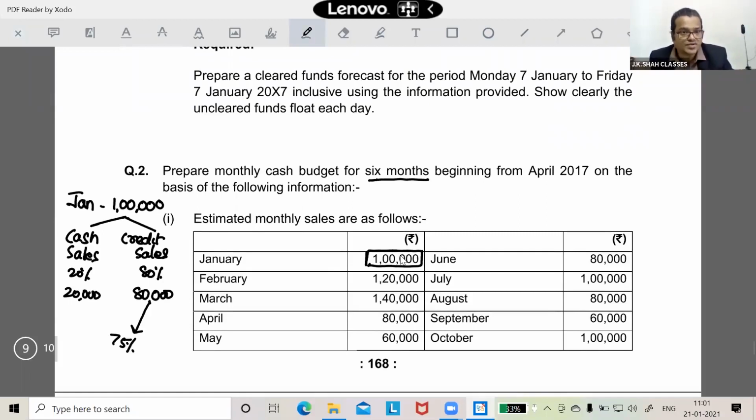This you are sold in Jan, no? 75% will be collected in Feb and the balance 25% will be collected after 2 months, that is March. So 75, 25 will be 60K and 20K, right? Have you guys understood this pattern of collection?